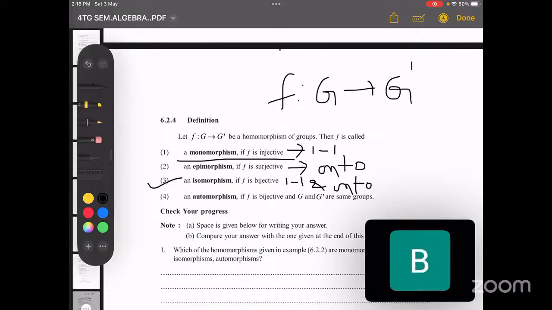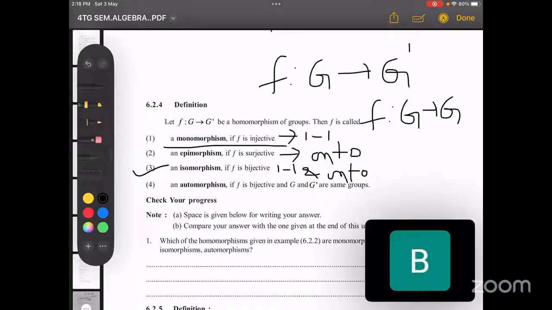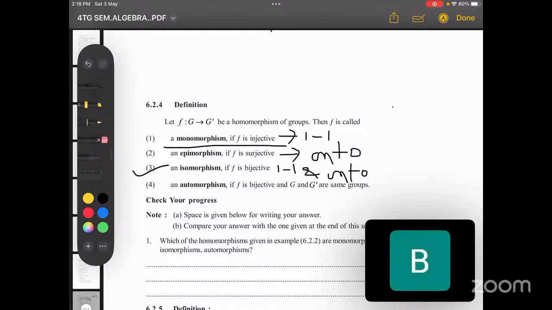But whenever f is mapping from G to G, that means within the group itself, and if f is bijective, then we call it an automorphism. If you know the definitions, you can easily do the theorems. So this is the important concept we have.